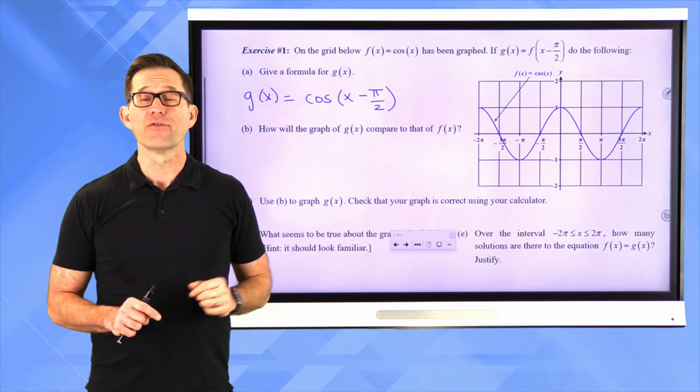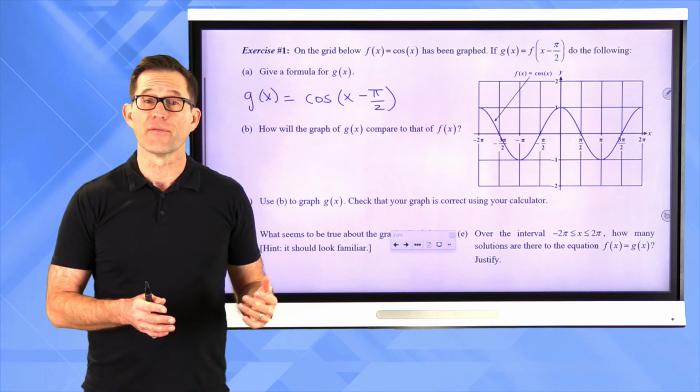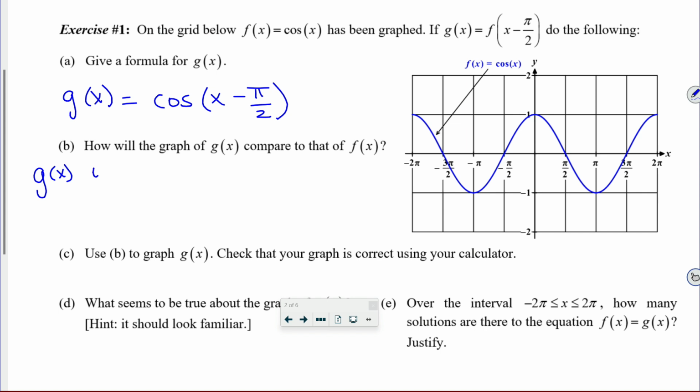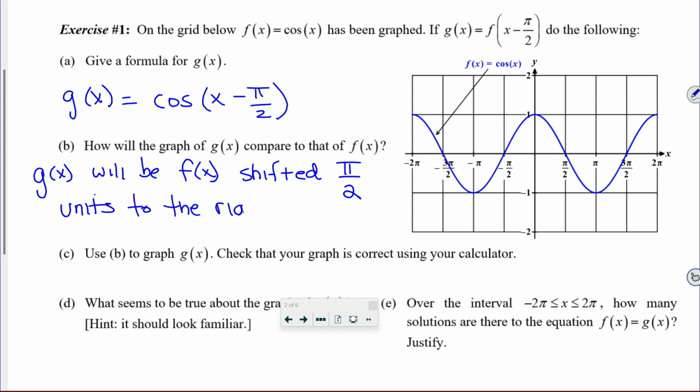If we were to add directly to x, it would shift it to the left. So, right, g of x will be f of x shifted pi divided by 2 units to the right.